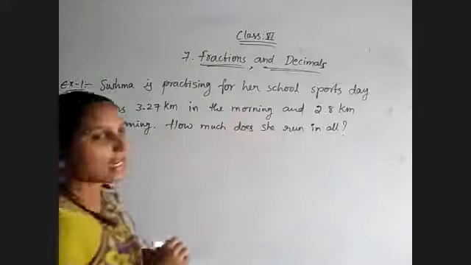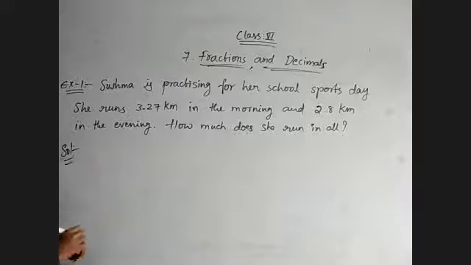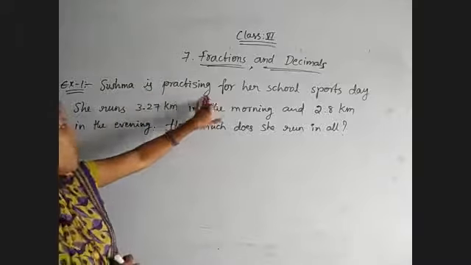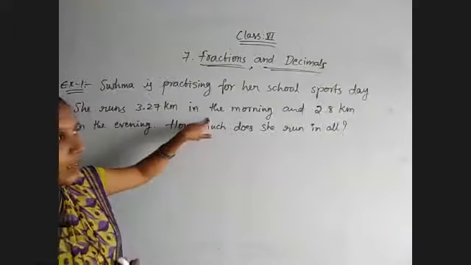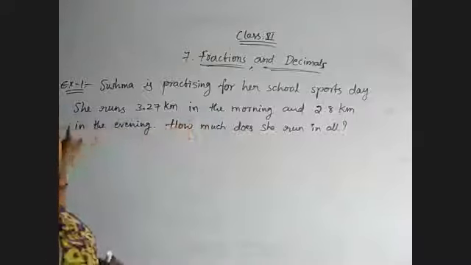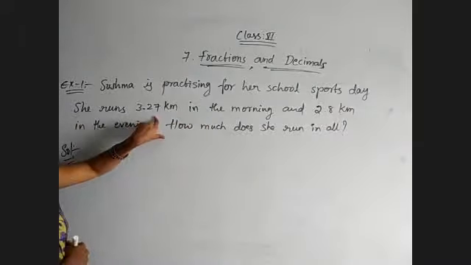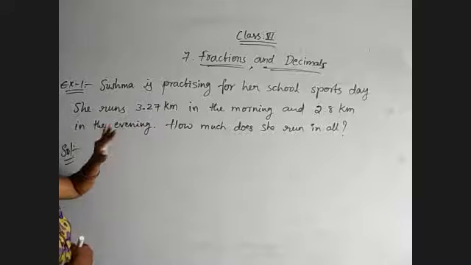So just identify the given information. First read the given information, then identify whether they are asking for addition or subtraction. Sushma is practicing for her school sports day. She runs 3.27 kilometers in the morning and 2.8 kilometers in the evening. Both are decimal numbers.